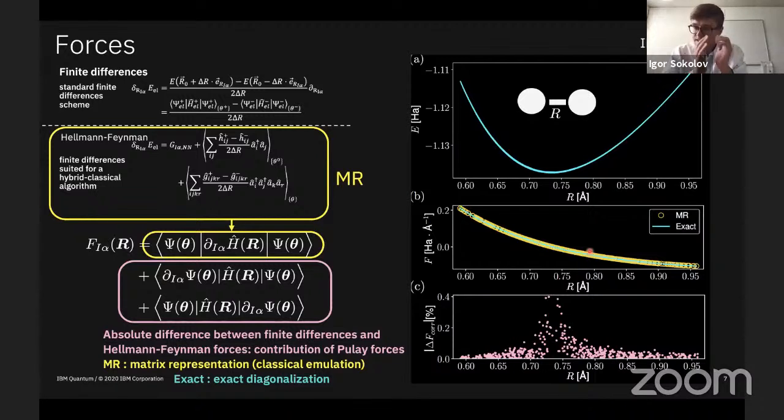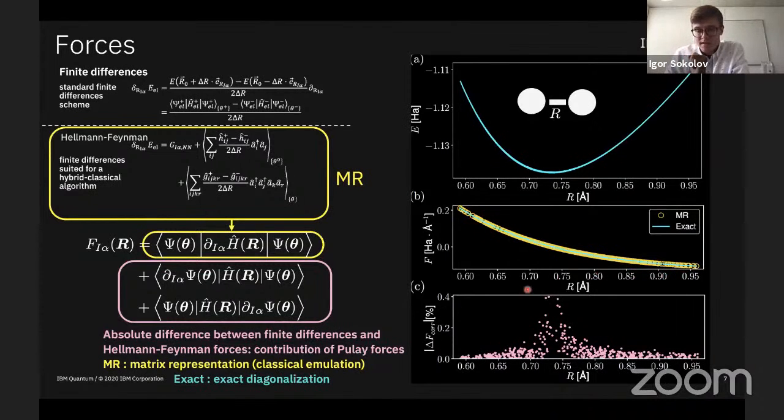All these circuit gates are computed using matrices. There is no noise, so this simulation is exact. But it uses Hellmann-Feynman, and the exact one does not use Hellmann-Feynman. Using finite differences, we have very precise forces, and you can see they correspond.